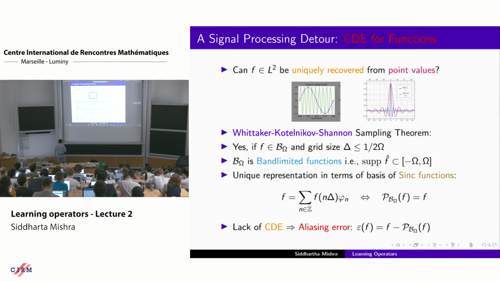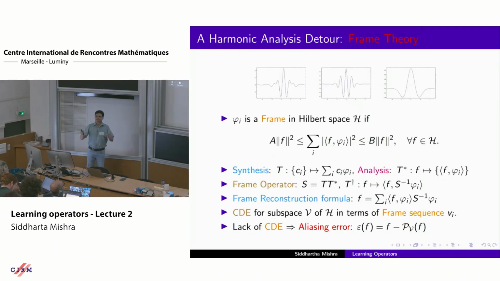In other words, what this provides us is an automatic manner in which continuous discrete equivalence can be expressed, and it is expressed in terms of these frame coefficients. And the important point here is, if you don't have it, then you will get what is called an aliasing error. So this is a very, very basic 5-minute introduction to, let's say, frame theory and continuous discrete equivalence for functions.